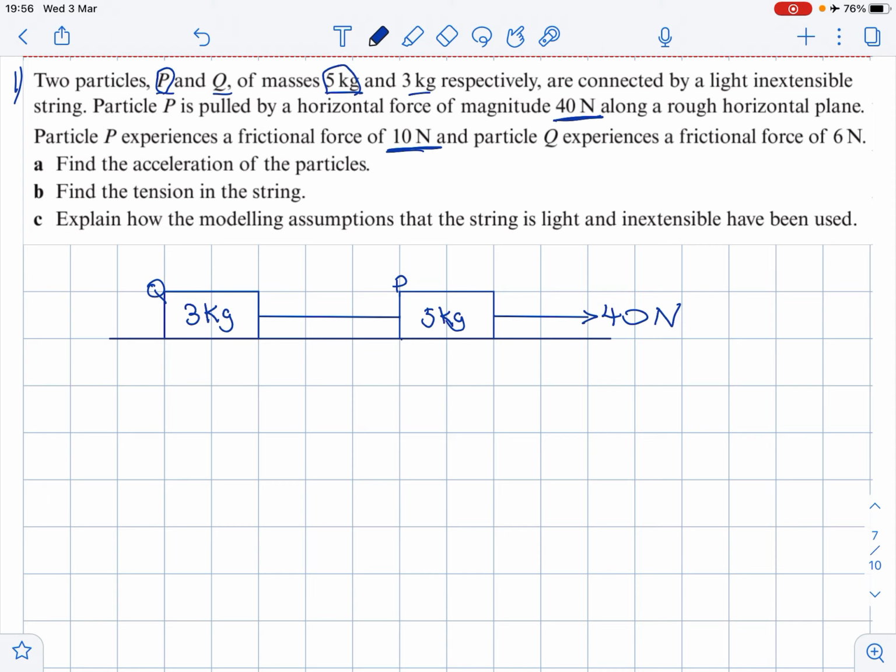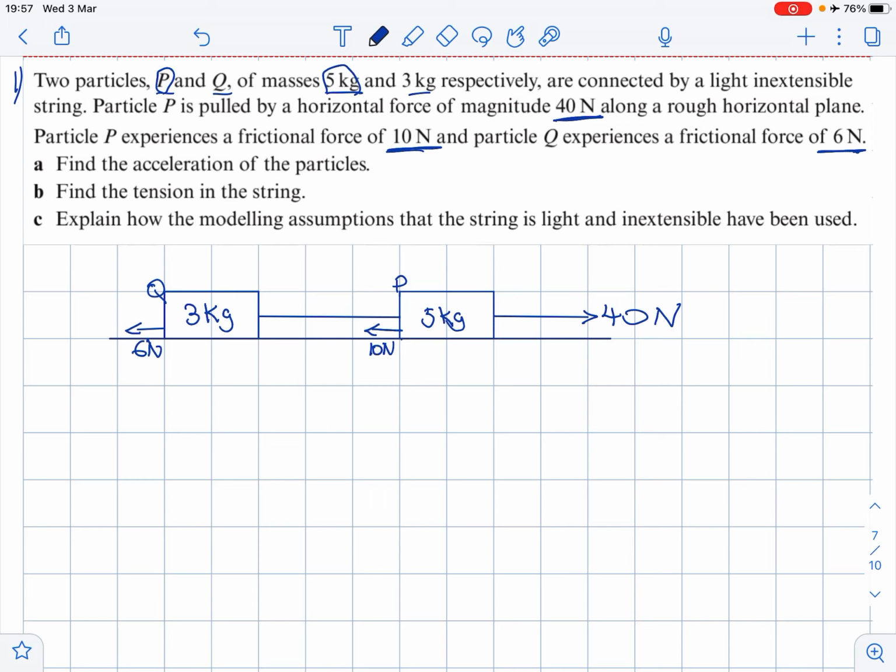Remember, frictional force is the backward force that's slowing the particle down. Then particle Q experiences a frictional force of 6. So we just filled in the information from the question.